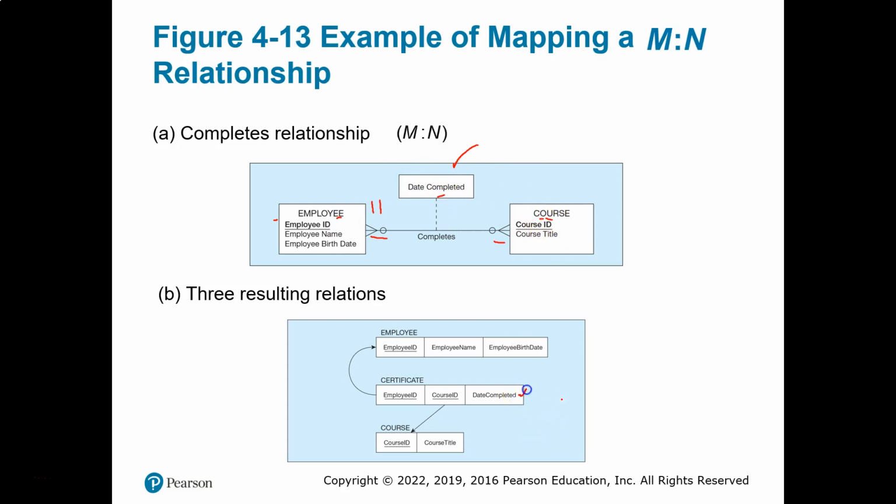Here it is: what date was the certificate issued? It is not a separate table in and of itself, hence the dashed line here. The dashed line tells me that this is not a separate table, but this field is what we're using to relate this relation to that one.